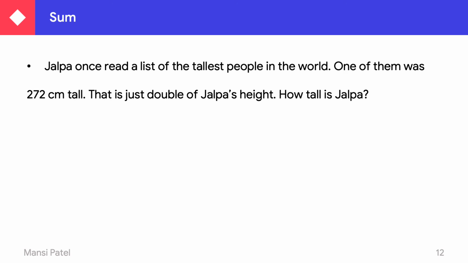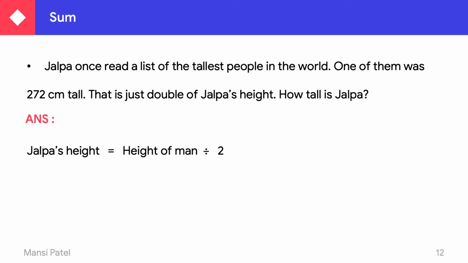One of them was 272 centimeter tall, and out of the many of them, the maximum height of one person is 272 centimeter. After that, Jalpa thinks that the height of this person is double of her height. So how tall is Jalpa?